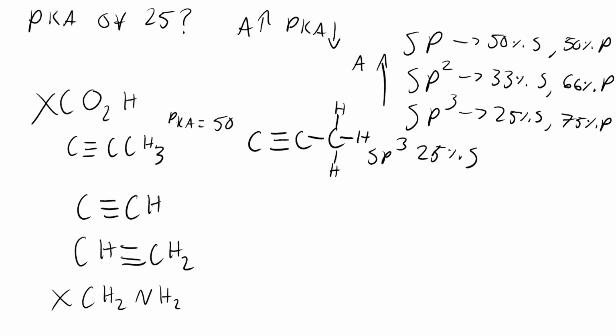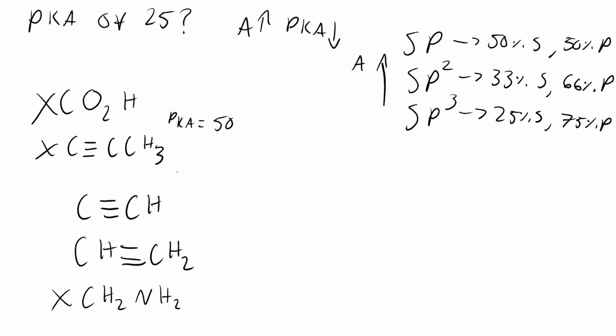Which is really bad for your acid. If you didn't know what the pKa was, don't worry, because with that trend you would know that the pKa would have to be really, really high. So not good.